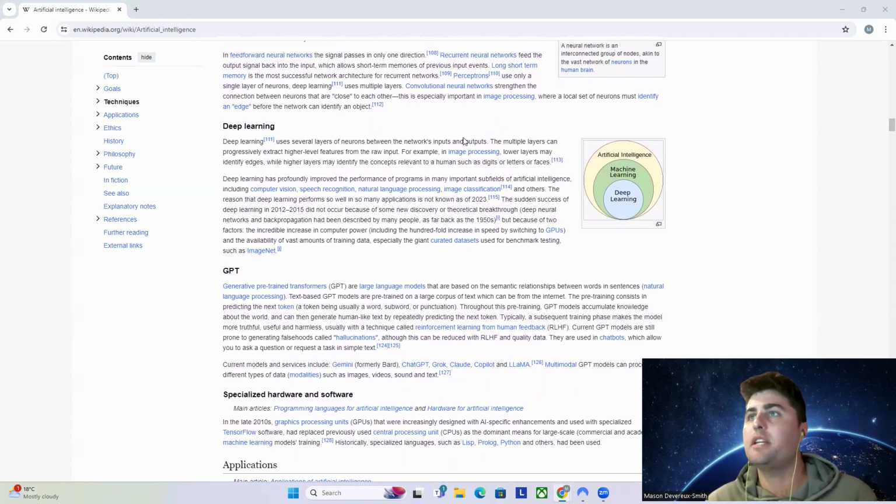Recurrent neural networks feed the output signal back into the input, which allows short-term memories of previous input and events. Long short-term memory is the most successful network architecture for recurrent networks. Perceptrons use only a single layer of neurons, while deep learning uses multiple layers.